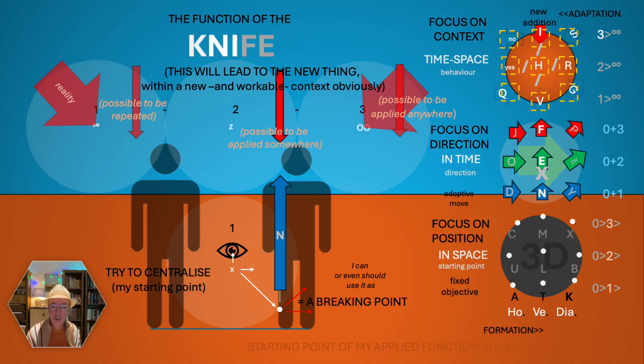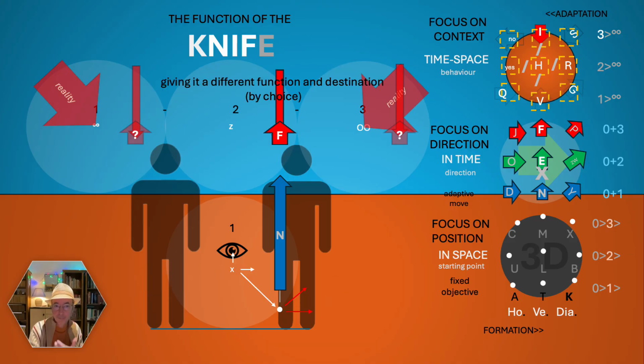It will get a new context, and that's what E always will do. So at that point, I will be able not just to take something out of context, I will also be able to cut something out and have it as a separate part. That's what the knife will do. I can do that in that way.